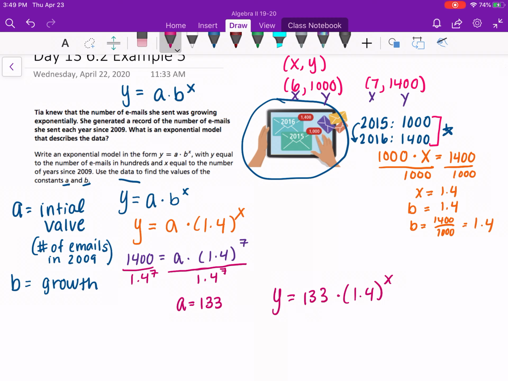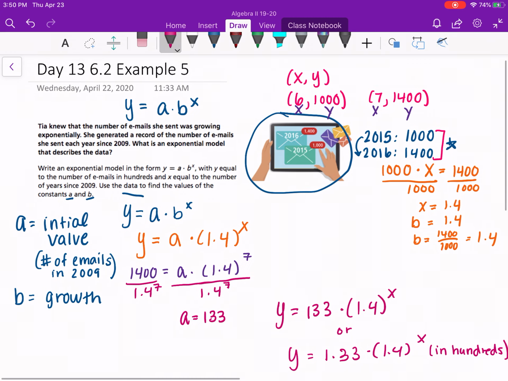The question says to write it in hundreds of emails. So what that means is we would actually move this decimal over 2 places, and that's how the book writes it, which is totally fine. So you could have that, or you could have y equals 1.33 times 1.4 to the x, but that one you have to say in hundreds instead of just using the actual units.